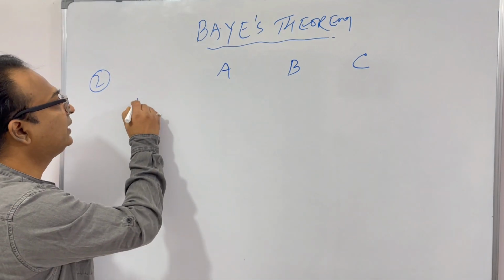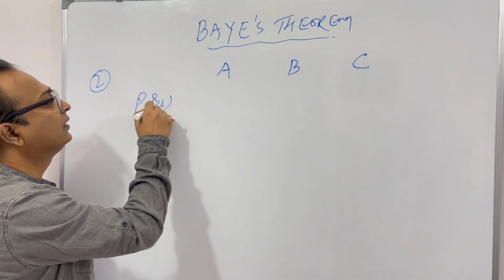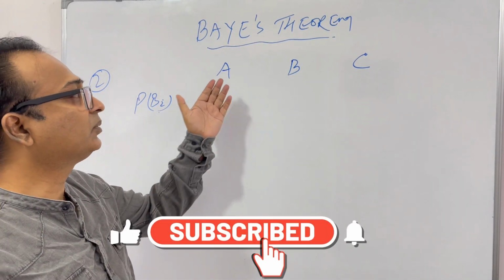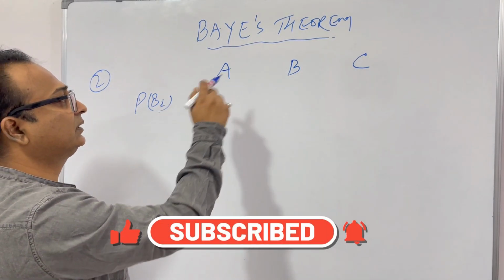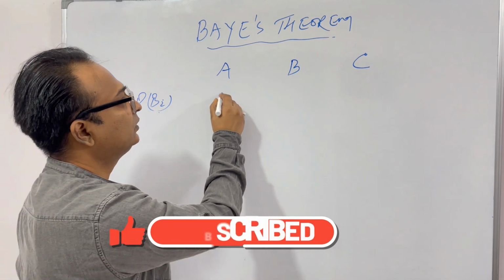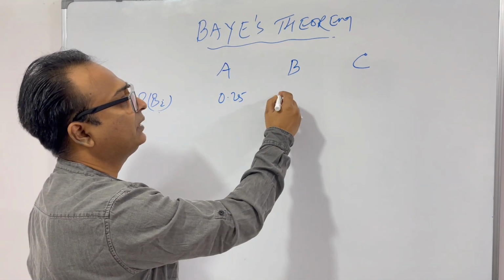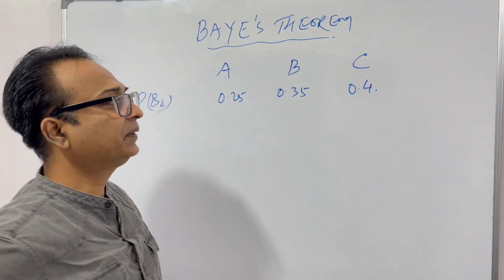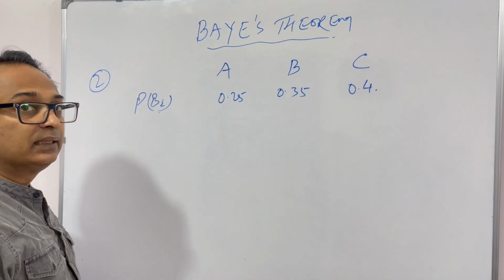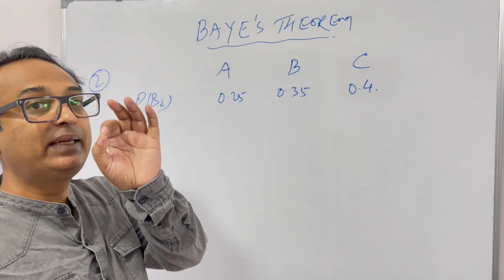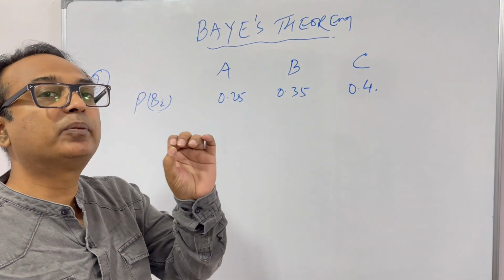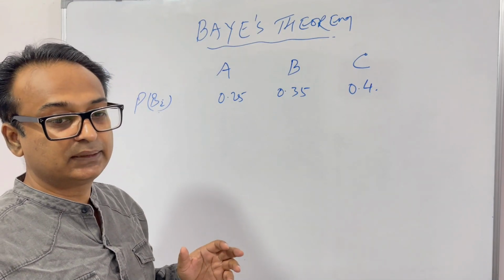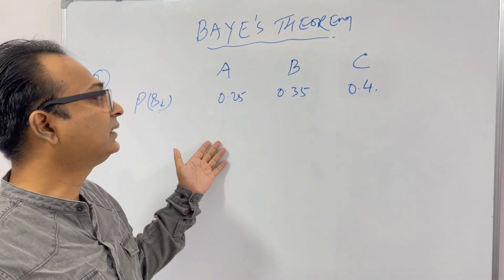So if we just take out one bolt, what is the probability that it was manufactured by A? These are the exhaustive events, and P(A) is 0.25, P(B) is 0.35, and this is 0.4. Now we are talking of event A. Event A is getting a defective bolt.